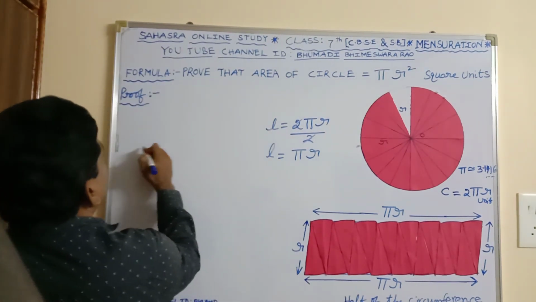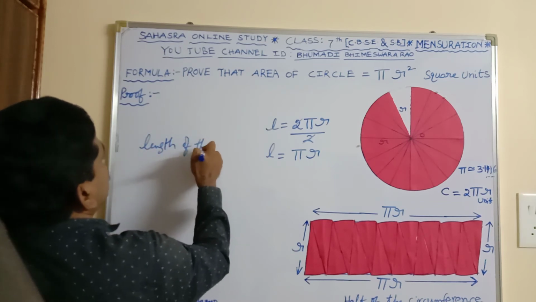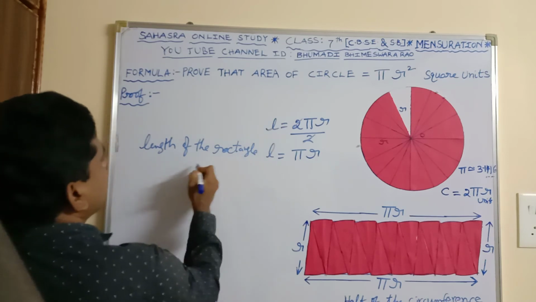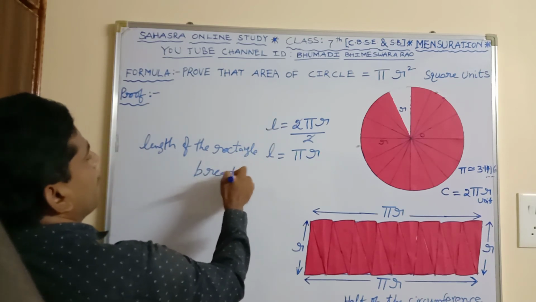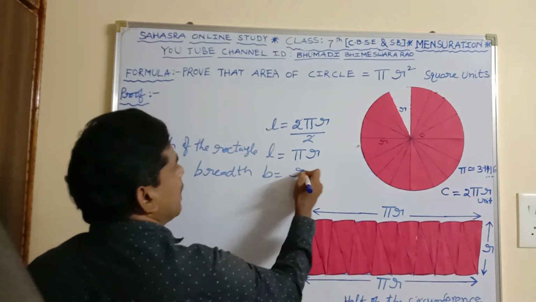So the length of the rectangle is pi r units and the breadth is its radius only, r units.